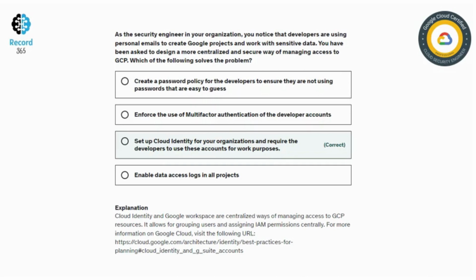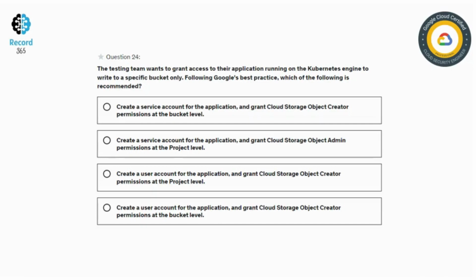The next question is, the testing team wants to grant their application running on Kubernetes Engine access to write to specified buckets only. Following Google best practice, which of the following is recommended?